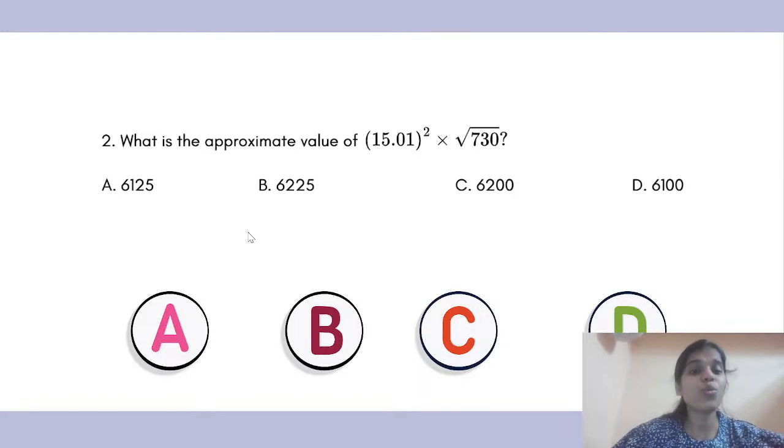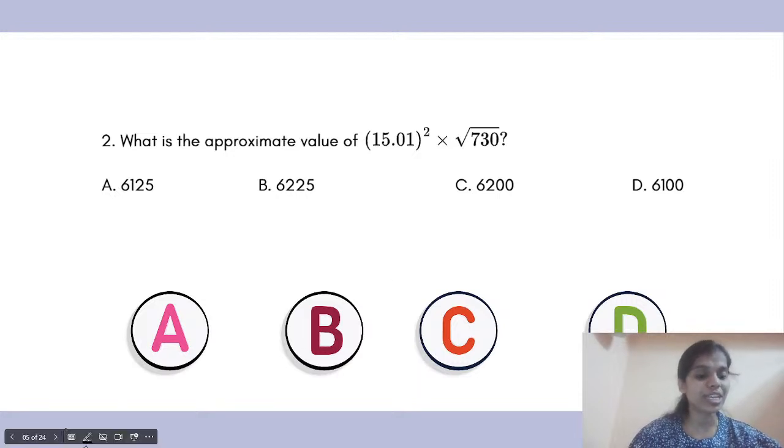Now, what is the approximate value of 15.01 the whole square times square root of 730? How we can find this? So here the question is very clear. We need to find the approximate value.